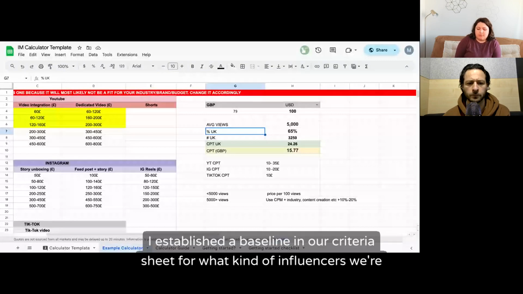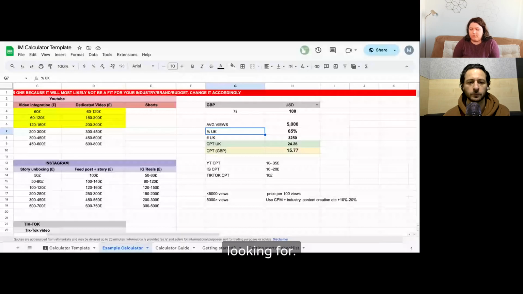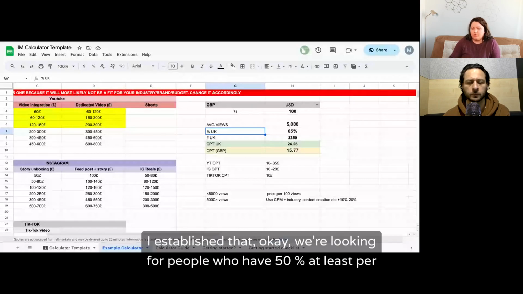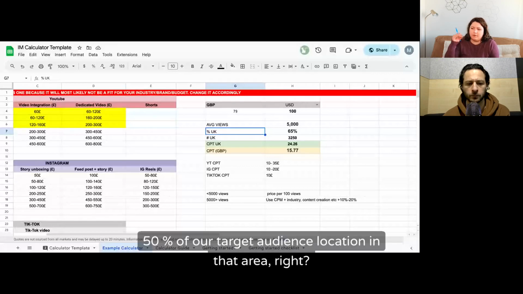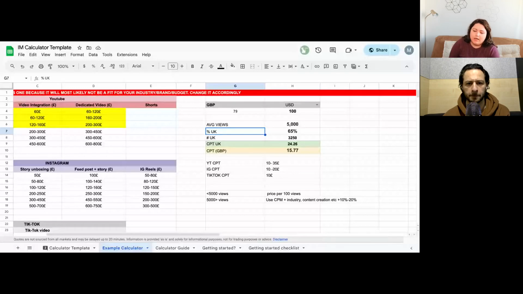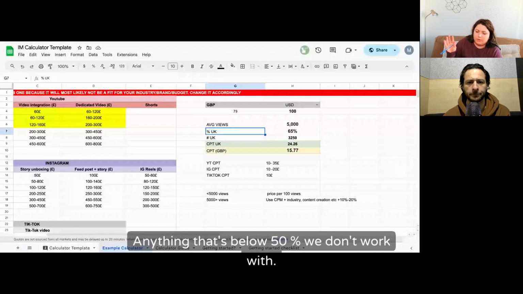So I established a baseline in our criteria sheet for what kind of influencers we're looking for. I established that we're looking for people who have at least 50% of their audience in our target location, right? Anything that's below 50%, we don't work with.